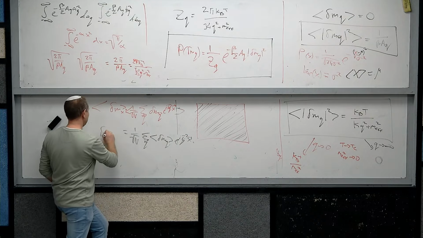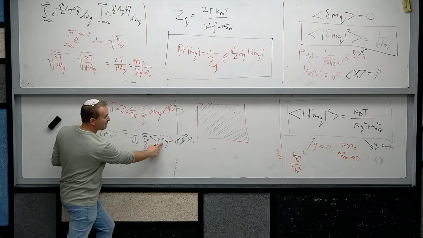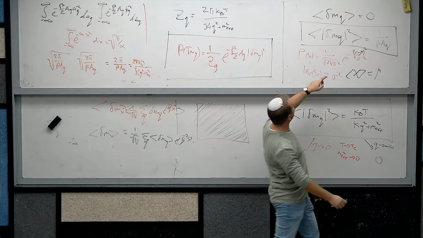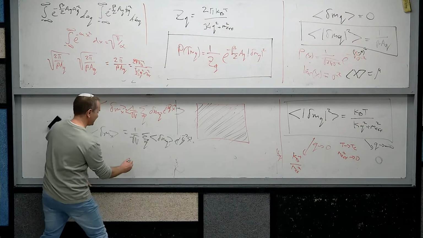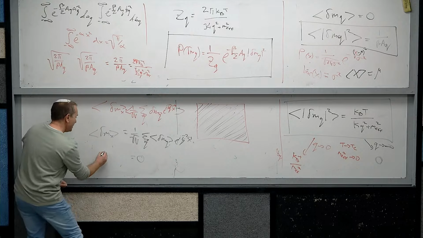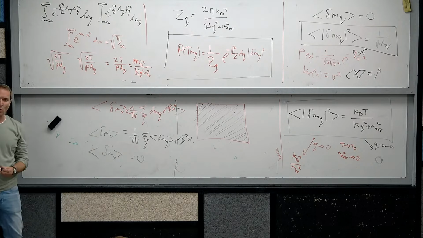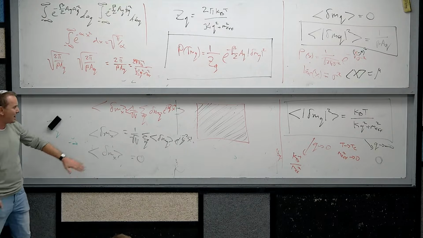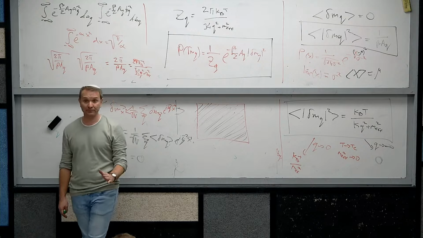So this is delta m(x). And if delta m_q equals 0, as we computed over here, this whole sum is exactly 0, and delta m(x) is 0. So on average, fluctuations do not contribute anywhere.